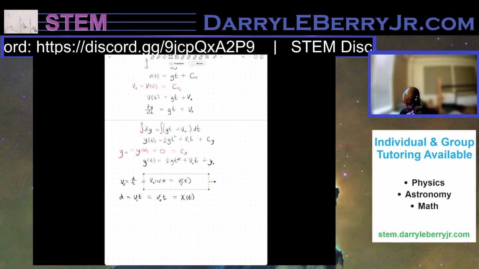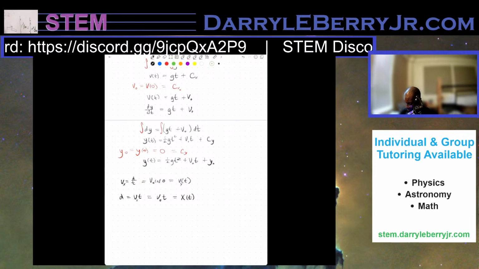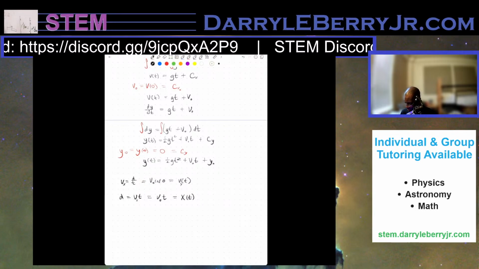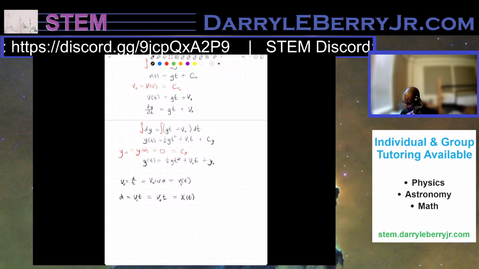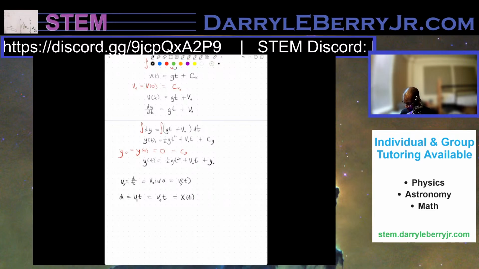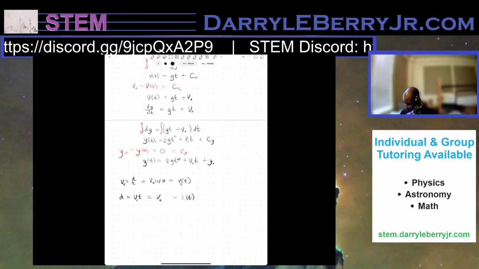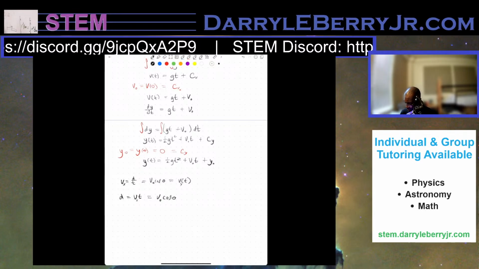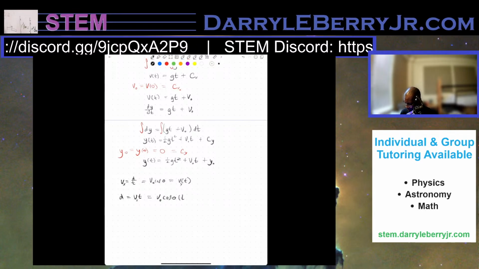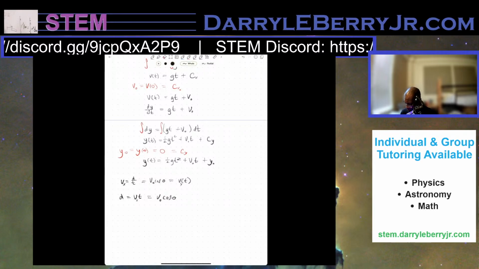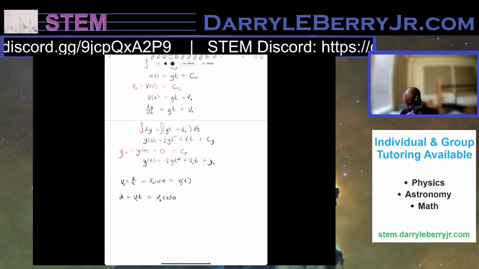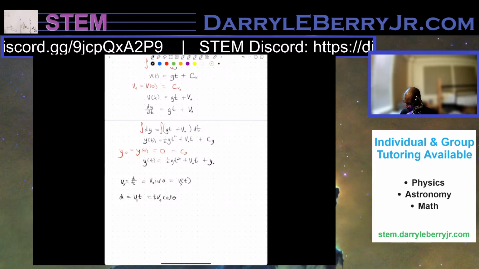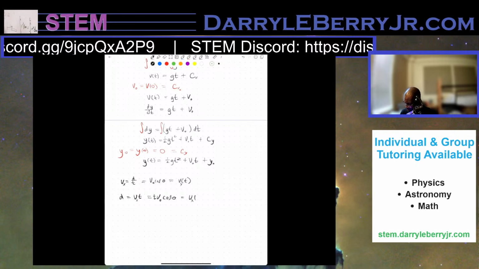Vx is v naught cosine theta, just vx of t, which will not change with time. So d equals vx t equals v naught cosine theta t, where v naught cosine theta equals vx of t.